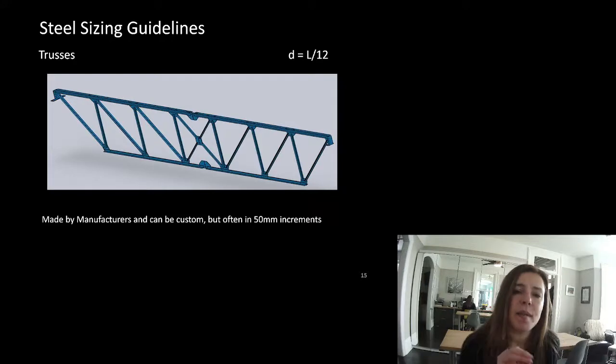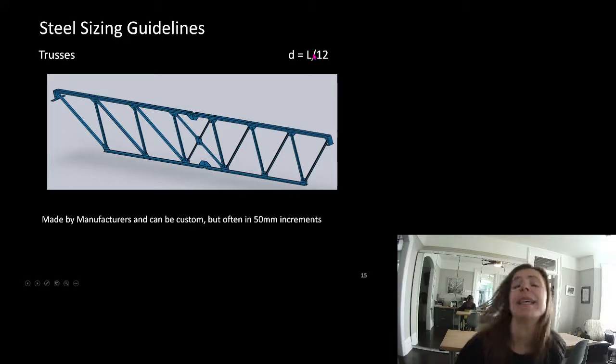So this is something that we could be explicit and make it exactly the depth we need. And I have done that, but unless there's a good reason to, we would draw it at 50 millimeter increment depths. So instead of 725, I would probably say a 750 deep truss.